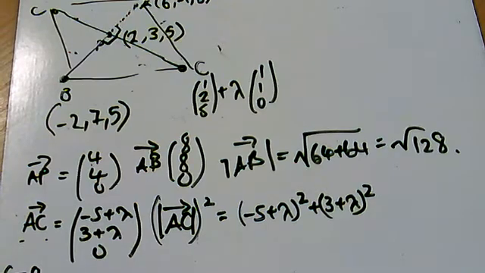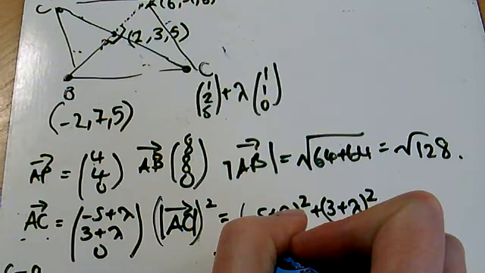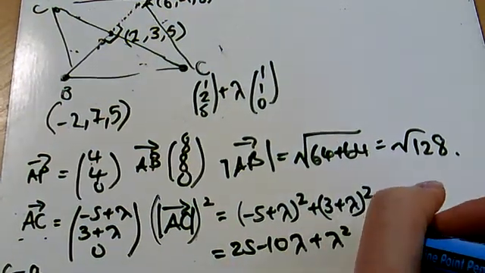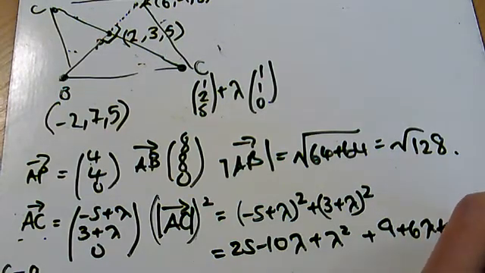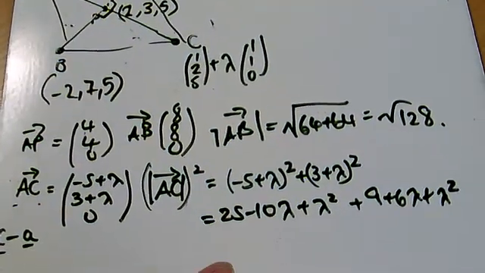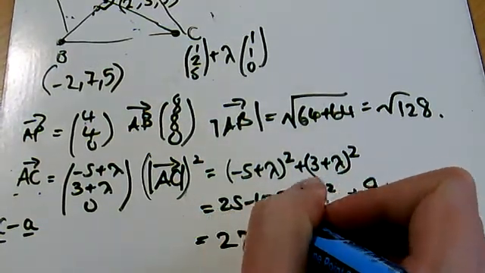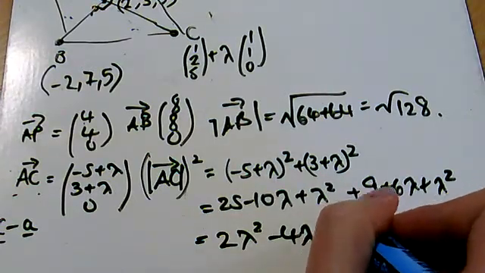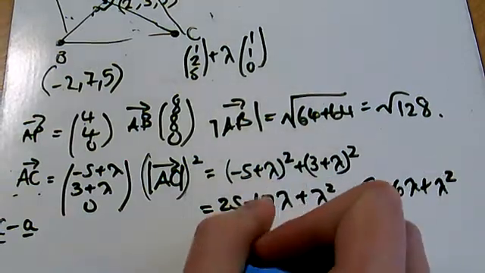And don't use square root because I've written the modulus squared. So that gives me 25 minus 10 lambda plus lambda squared plus 9 plus 6 lambda plus lambda squared. So that's 2 lambda squared minus 4 lambda plus 34. That's really horrible to solve.